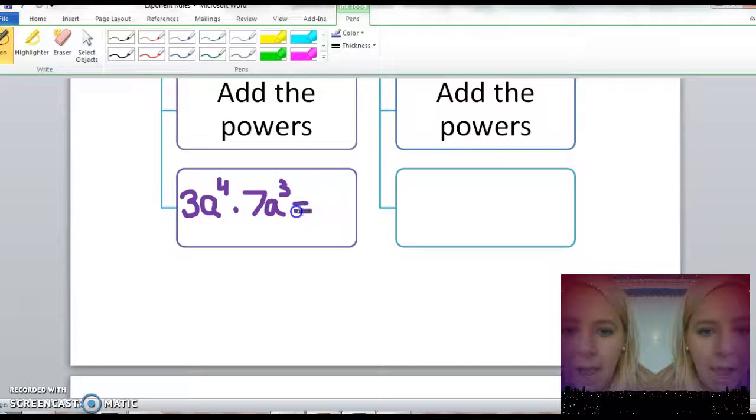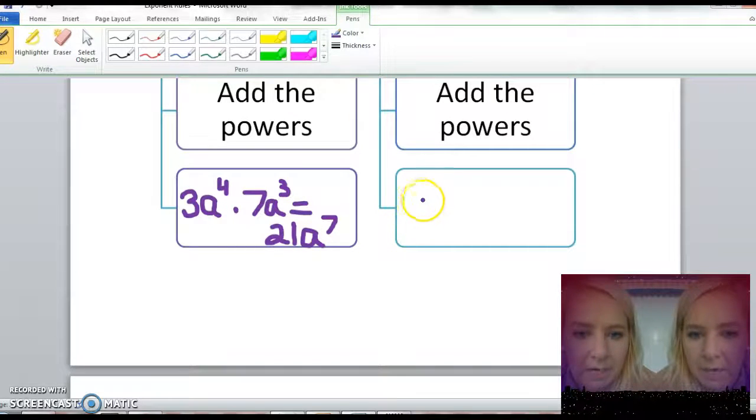I'm not going to add 3 and 7 because they are digits outside of the base, so I can multiply those two. I'm going to take 3 times 7, we get 21. A is my base, so that stays the same. And I'm going to add 4 plus 3 to get 7.